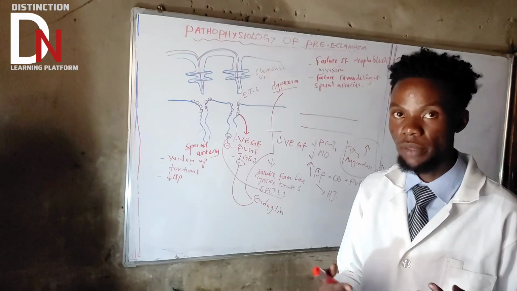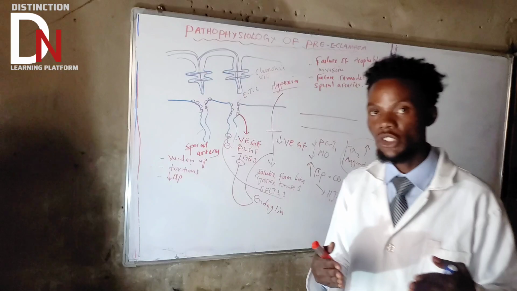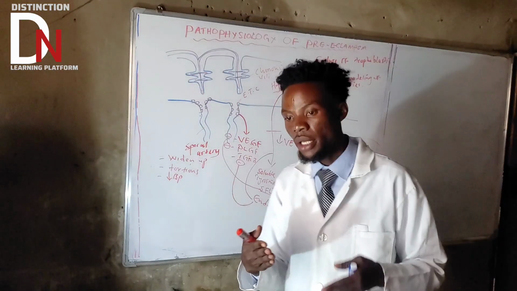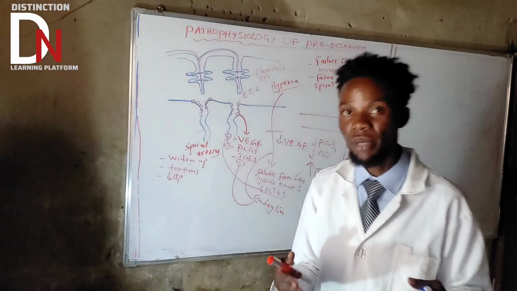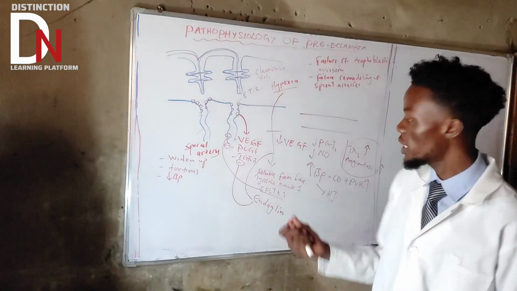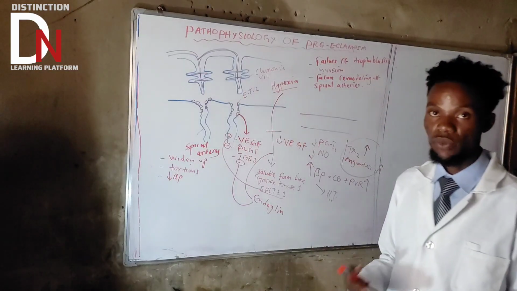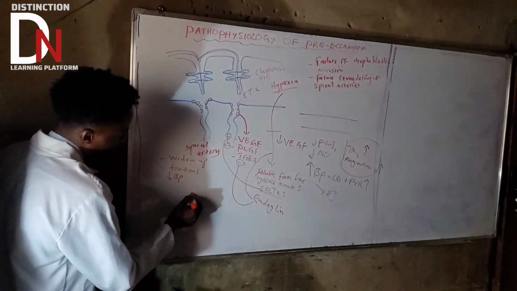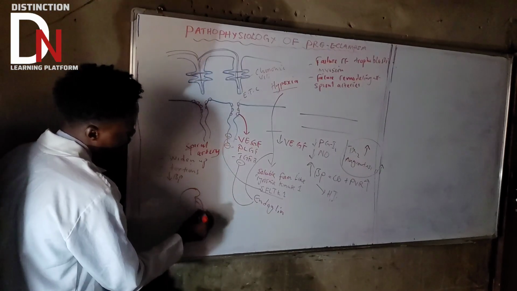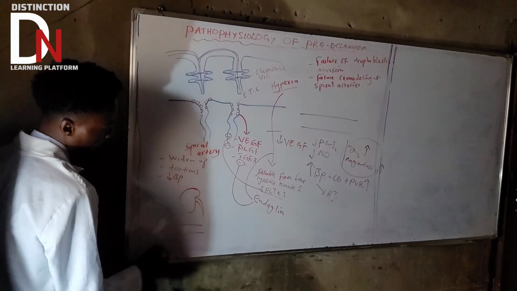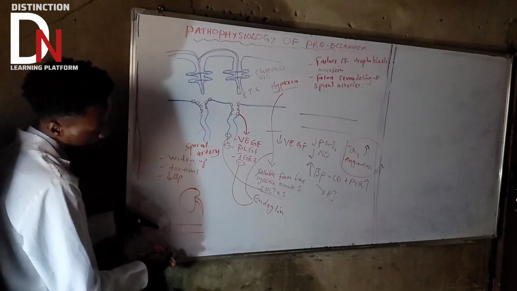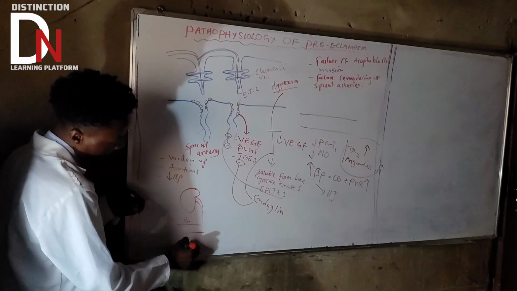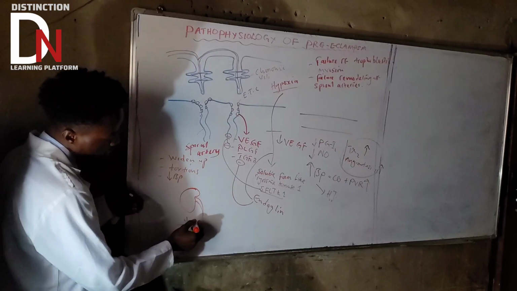The problem is endothelial damage of the kidneys. On the glomerulus there will be increased permeability of those blood vessels, leading to escape of proteins from the blood, which is basically the albumin. So what are we saying about the kidneys? These kidneys are going to have low blood flow, and since there's no blood, there is a vasoconstriction of these blood vessels in the kidneys, then there will be endothelial damage.